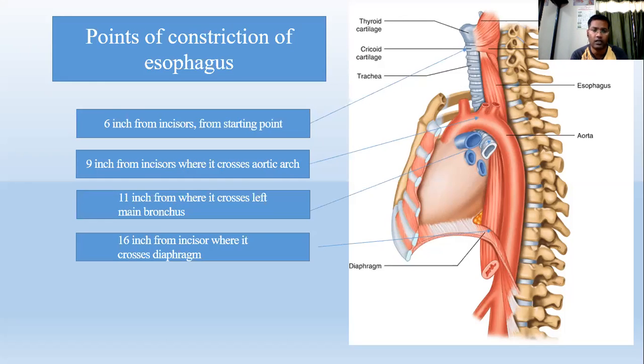So there are four spots with anatomical narrowing: first 6 inches, second 9 inches, third 11 inches, and fourth 16 inches, where it enters the cardia of the stomach.